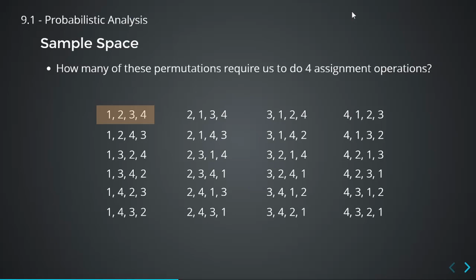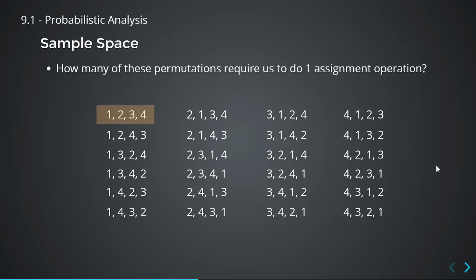So now, all of these are equally likely to happen. And only 1 is in ascending order. Now, conversely, how many of these permutations do you reckon only need 1 assignment operation? So when is it that you only need 1 assignment operation?